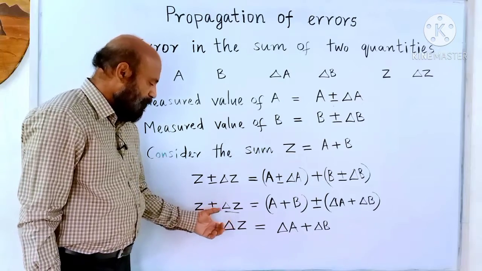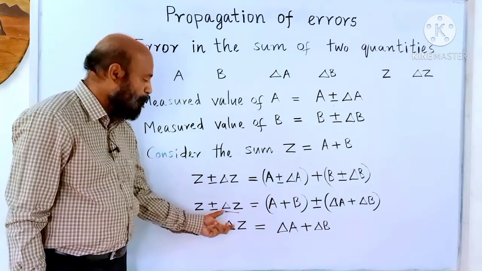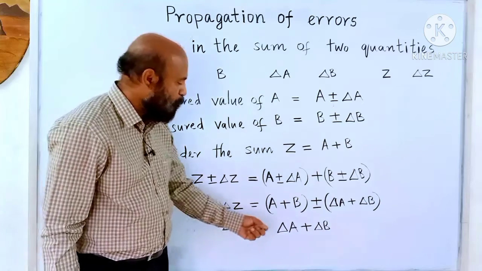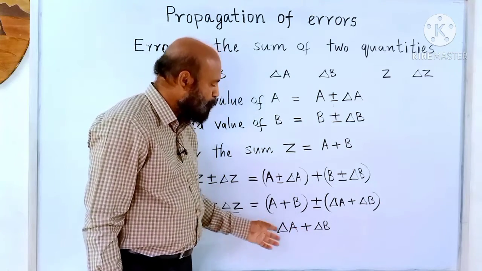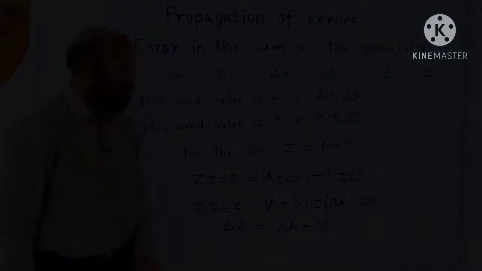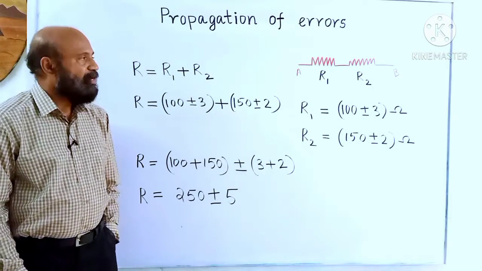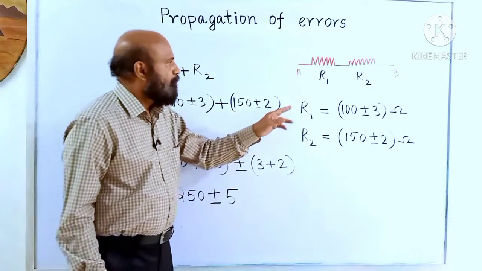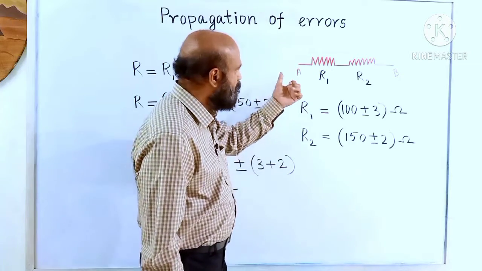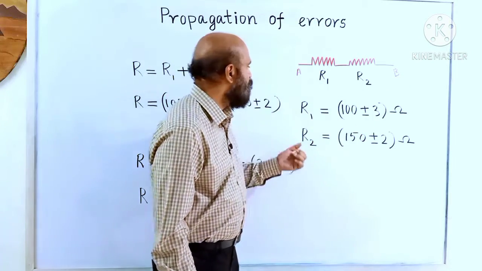So error in the sum of two physical quantities is equal to the sum of the absolute errors in the individual quantities. Now let us see an example. R1 and R2 are two resistances connected in series.